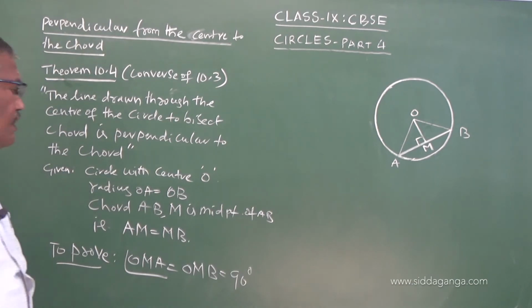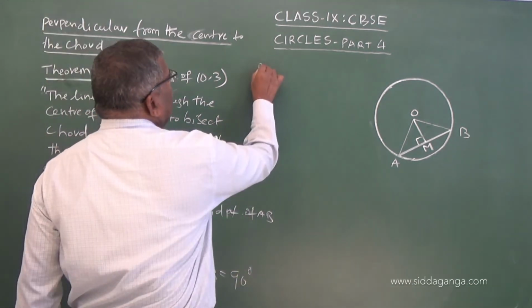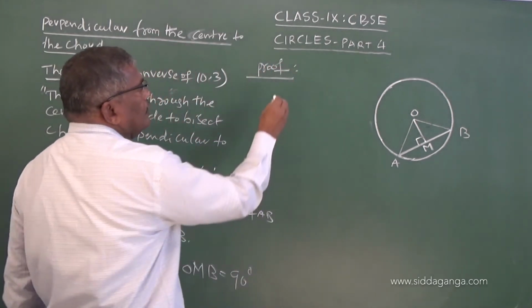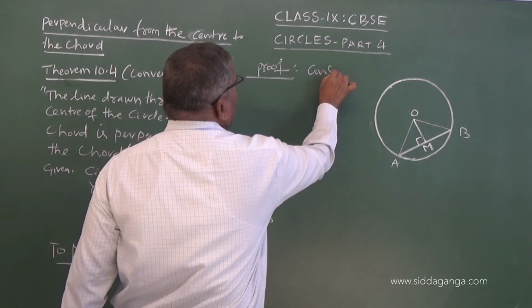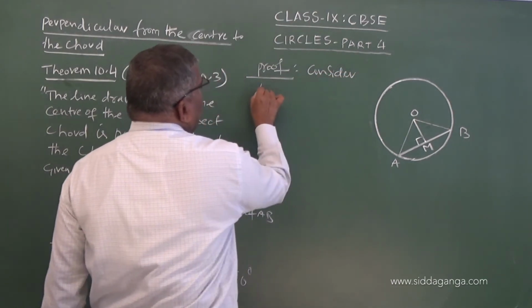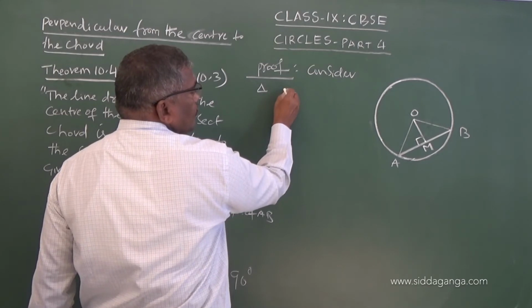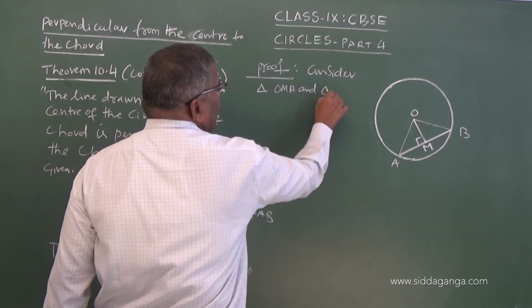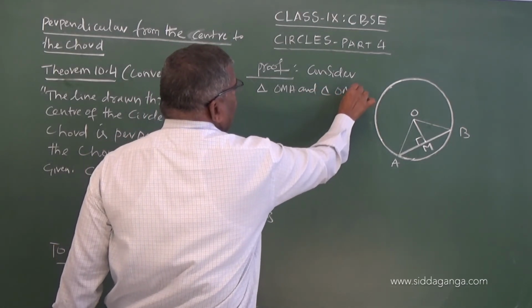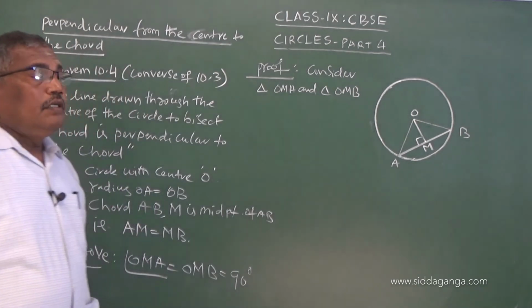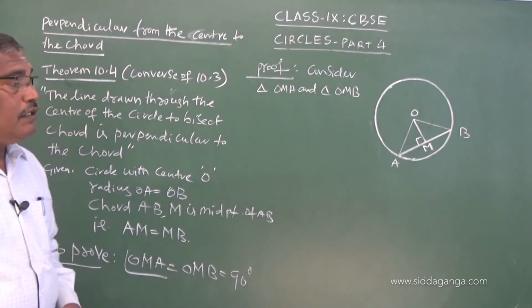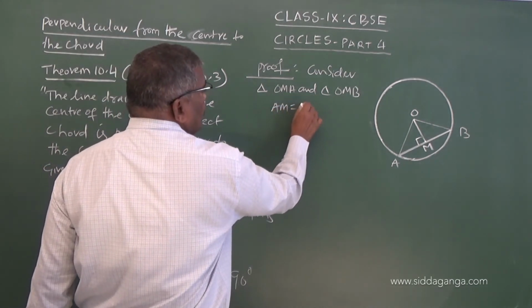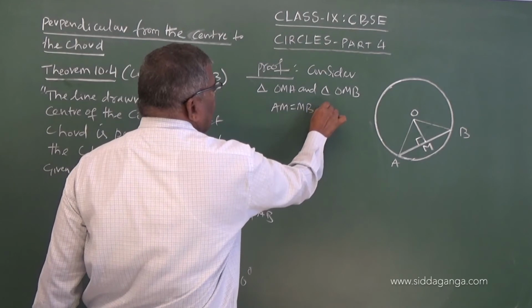So, a similar procedure will give the proof. Consider triangle OMA and triangle OMB. First you take down the given data. AM equals MB, given.